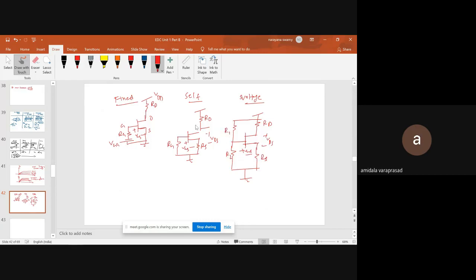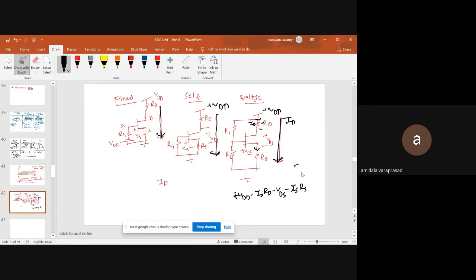First, these are the three circuits. To find ID, we use the output loop in all of them. Here, plus VDD minus ID into RD minus VDS minus IS into RS.